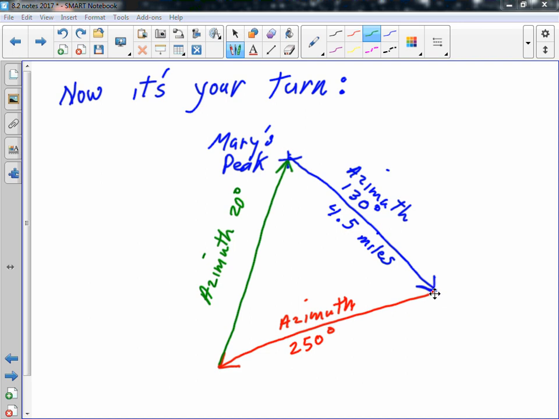And then your phone runs out of power, but you still have your handy dandy magnetic compass, and you're able to measure that you're hiking for you don't know how long on an azimuth of 250 degrees. Finally, you're starting to get hungry, and you see Mary's Peak through the trees, and you hike back to Mary's Peak on an azimuth of 20 degrees.